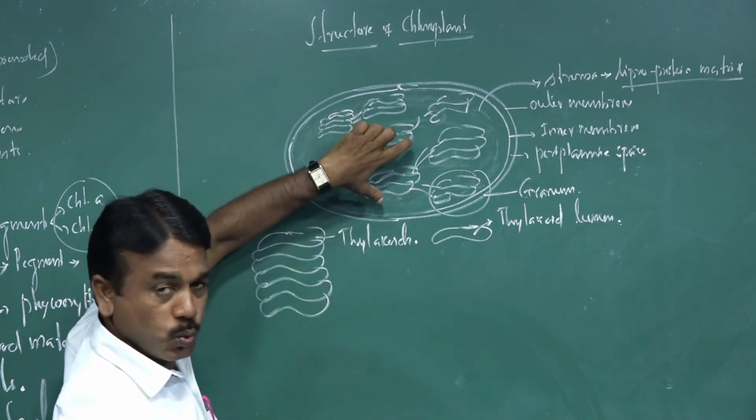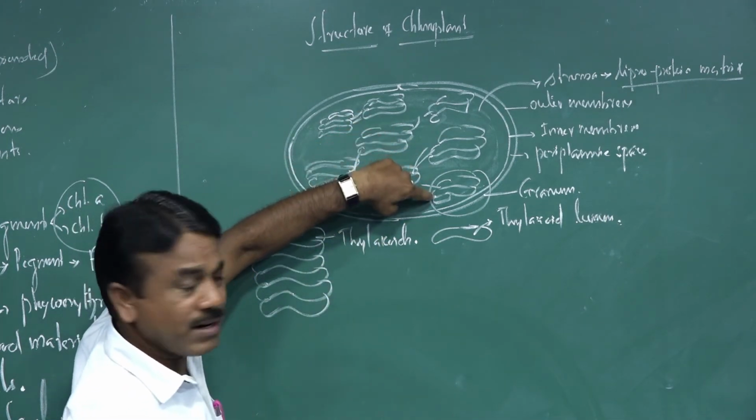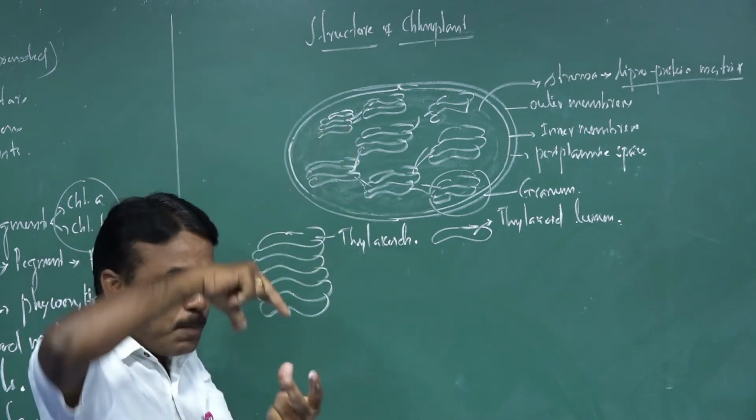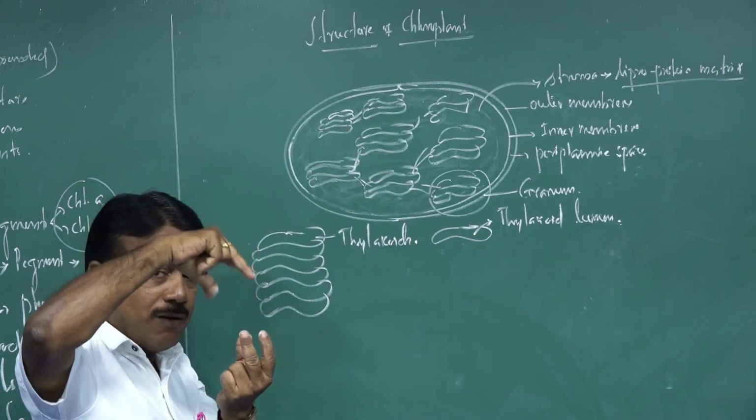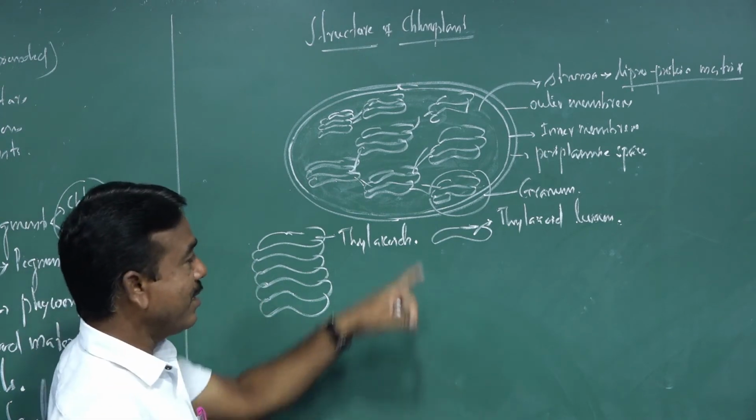In the structural view in the matrix, the thylakoids are arranged like piles of coins. This is how the coins are arranged, and the thylakoids or grana are arranged in a similar way. What is present in the thylakoid?